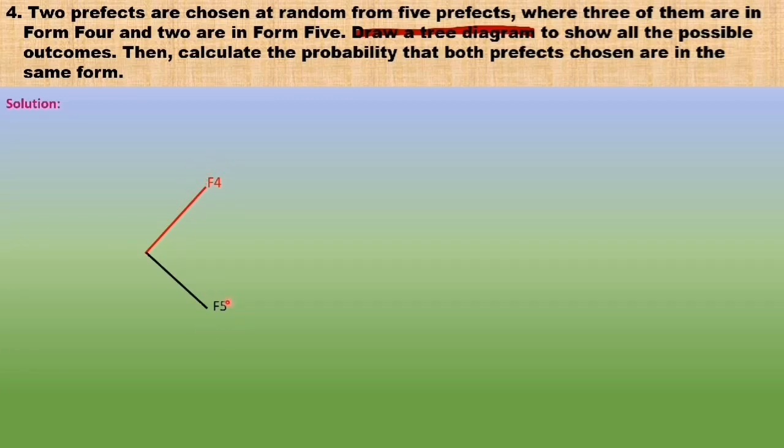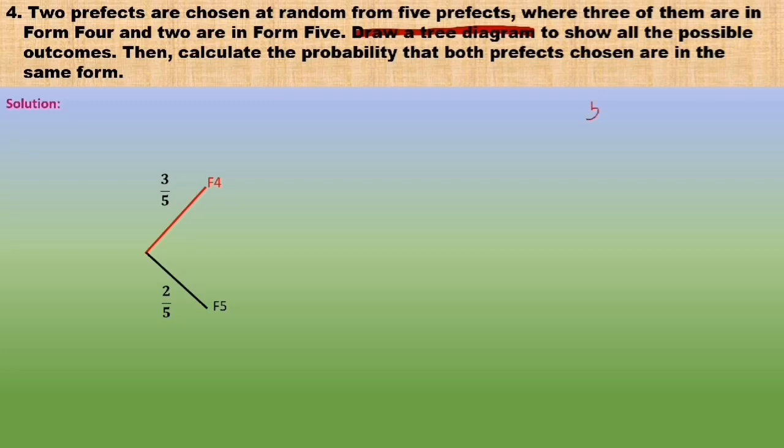Form 4 and form 5. So the probability to get a prefix from form 4 is 3 over 5. Probability to get a prefix from form 5 is 2 over 5. Now we want to choose the second prefix.